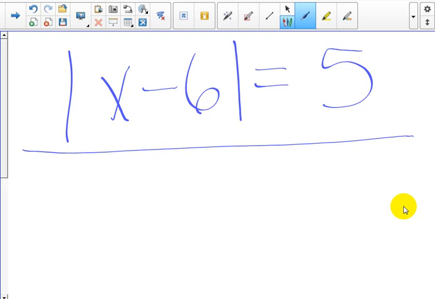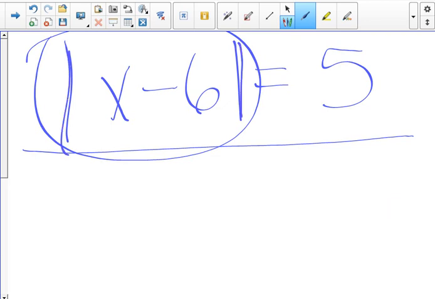So what we do is we solve this. The first step is just make sure that the absolute value is isolated on one side of your equation, which it is. There's nothing else here but the absolute value. Now we're going to solve this 2 ways to get our 2 answers. We're going to solve it as a positive 5, and as a negative 5.